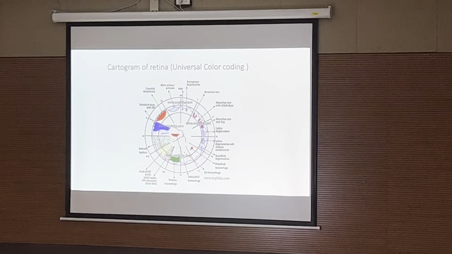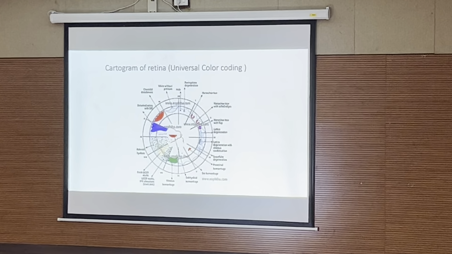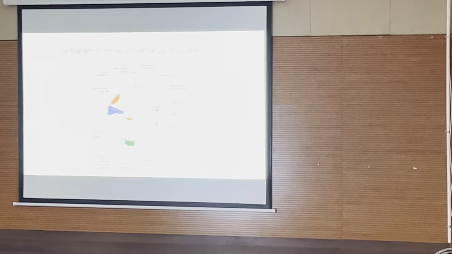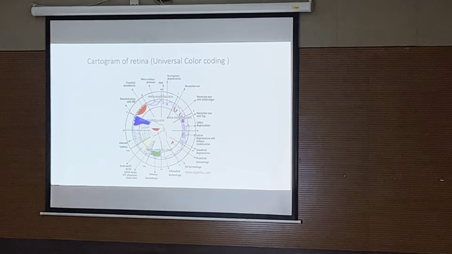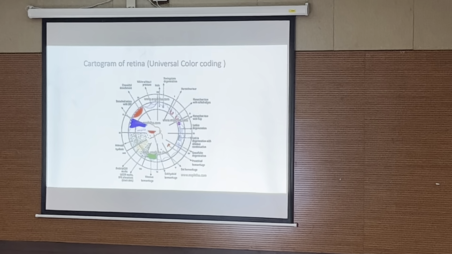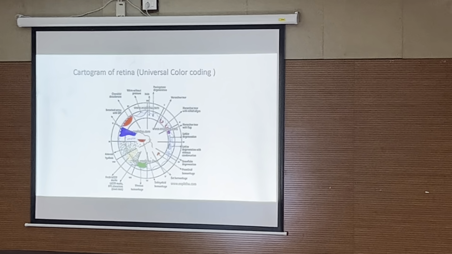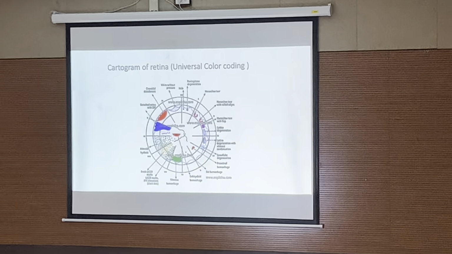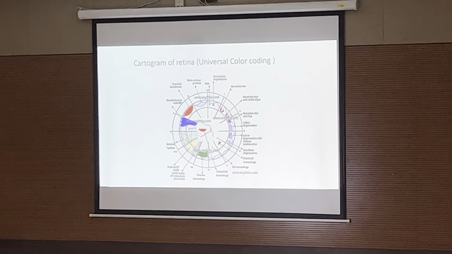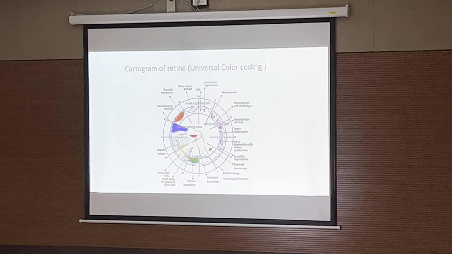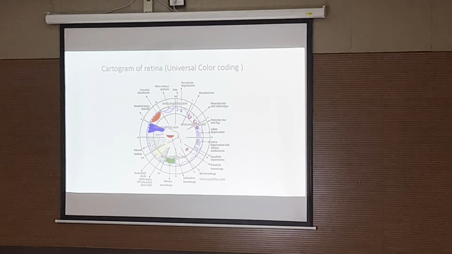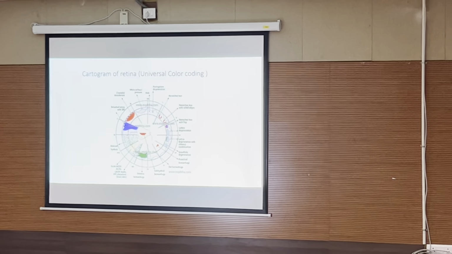The area within the tear is drawn as red, hemorrhages as red, microaneurysms as red, veins in blue, arteries in red, disc is shown in red. Macula is depicted as a red cross in the attached retina. In a detached retina, macula is shown as a blue plus sign, right? So this you can go through.